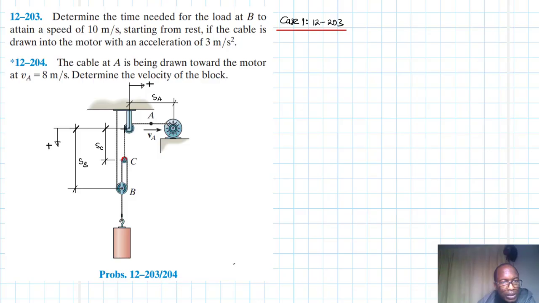This one there, and also this one there, and also this one here. So let's call this C1, we call this C2, and then we call this C3.